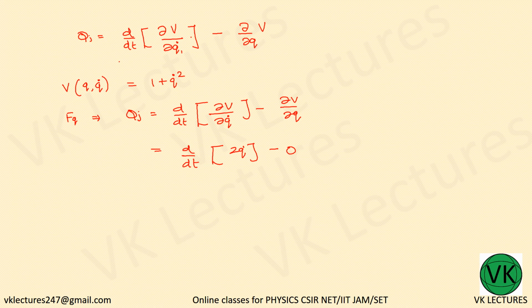So the time derivative of 2q dot is nothing but 2q double dot. So this is Fq.